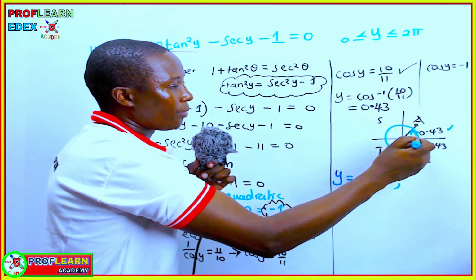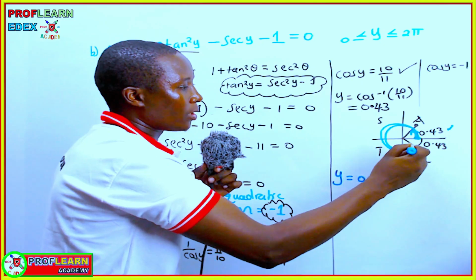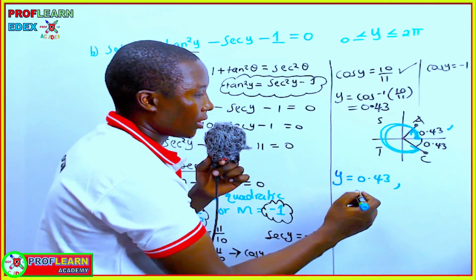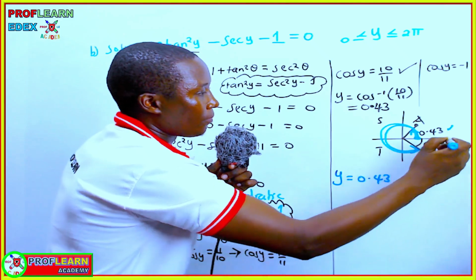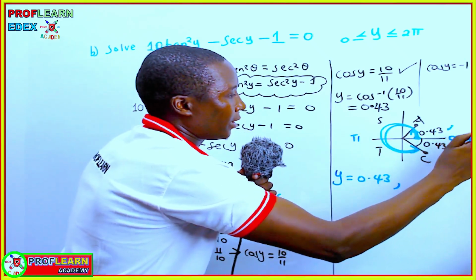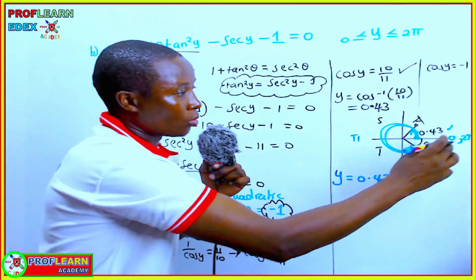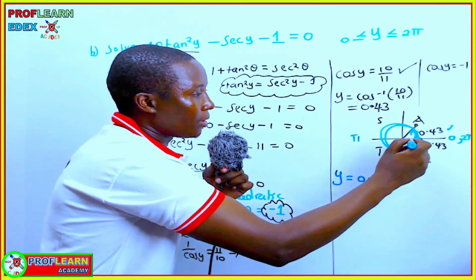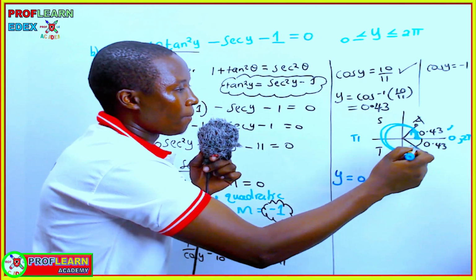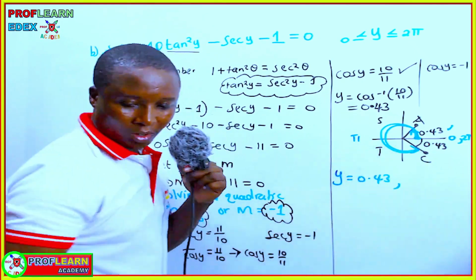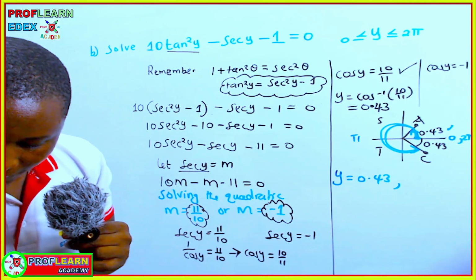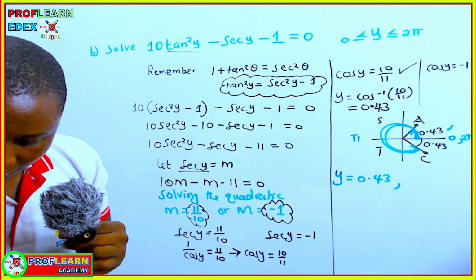Then again you move from this point, you go around to where you have the second angle that we have stated. So we are going to say this is 0, this is pi, and this is 2 pi at that given point. Meaning the angle that is remaining, because if this part below here is 0.43, then the remaining angle is 2 pi minus 0.43.